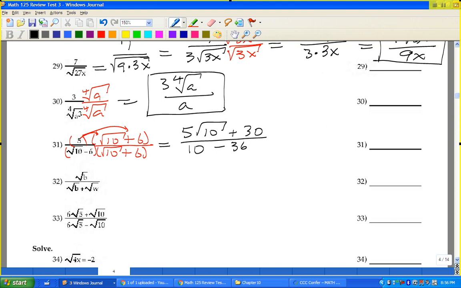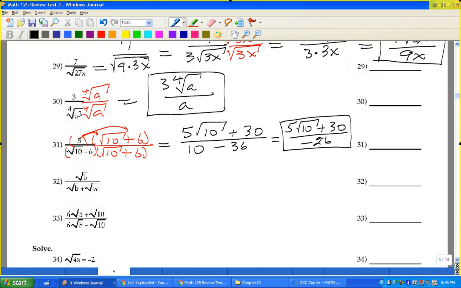And so I get 5 rad 10 plus 30 all over a negative 26. Okay. And so I've rationalized the denominator. Any questions about that?